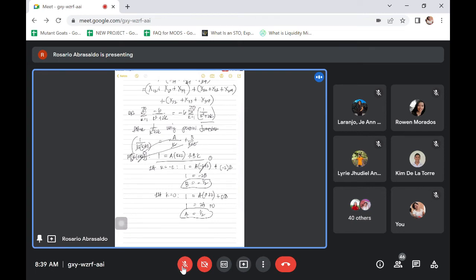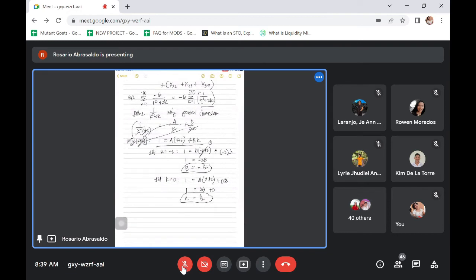Go back now to the partial fraction. So, let's go back to the partial fraction formula. It now becomes the summation of a over k plus b over k plus 2, no?